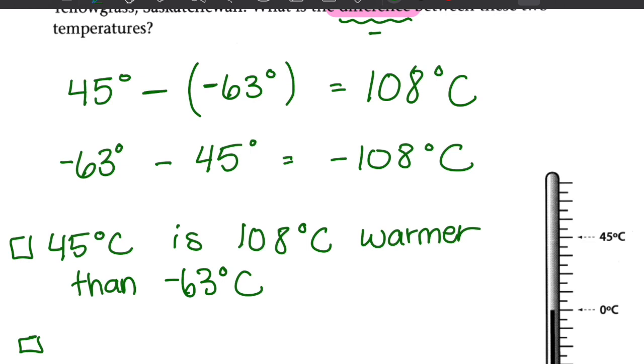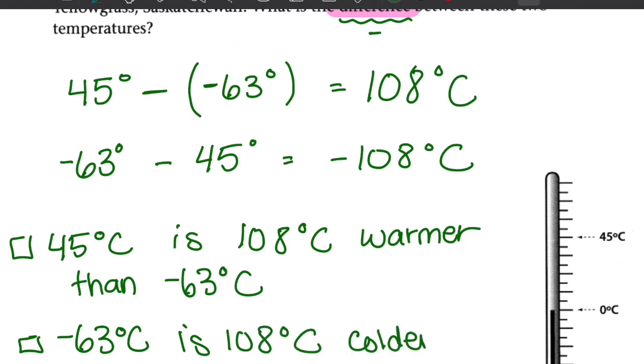Another way is to say that negative 63 degrees Celsius is 108 degrees Celsius colder than 45 degrees Celsius. So both are acceptable. As long as you explain your answer this way, you don't have to worry too much about the positive and the negative. So don't worry about the order in this particular case. All right, so this is my example illustrating how to calculate temperature differences.